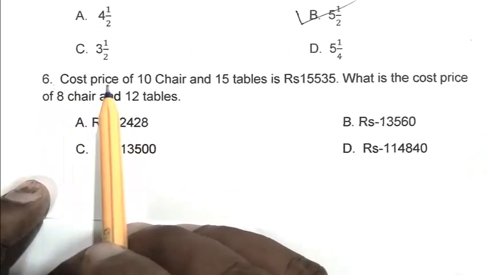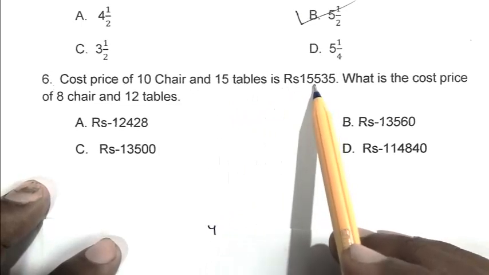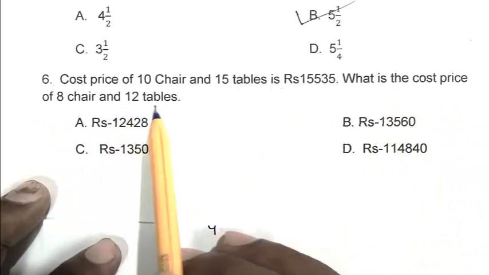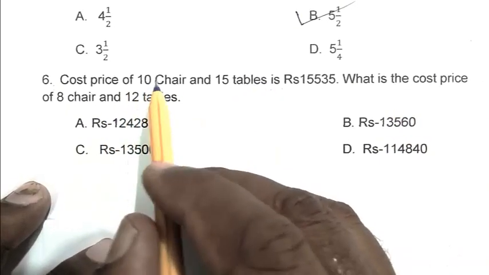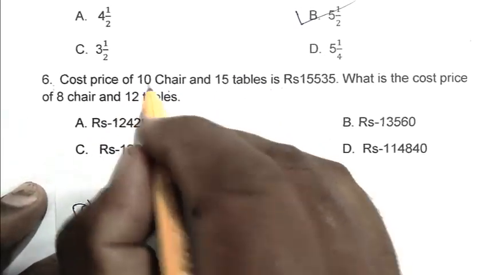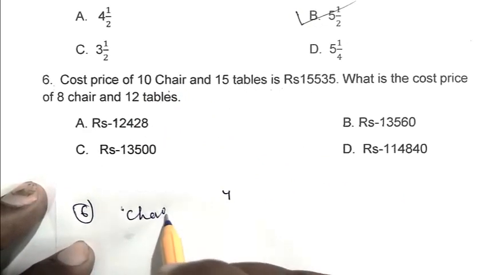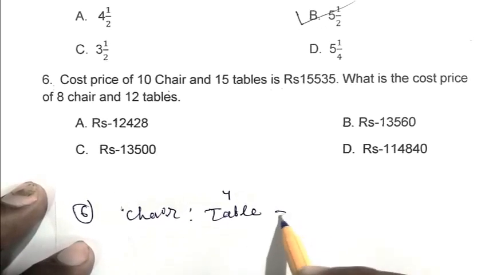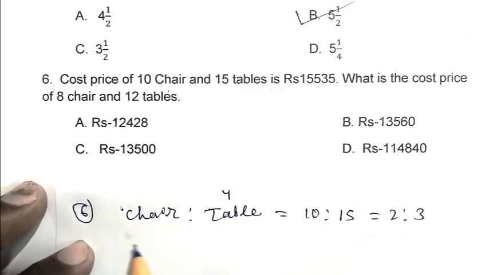Question number 6. The cost price of 10 chairs and 15 tables is 15,535. What is the cost price of 8 chairs and 12 tables? If we closely watch the question, here the ratio of chair and table is 10 is to 15, that is 2 is to 3.